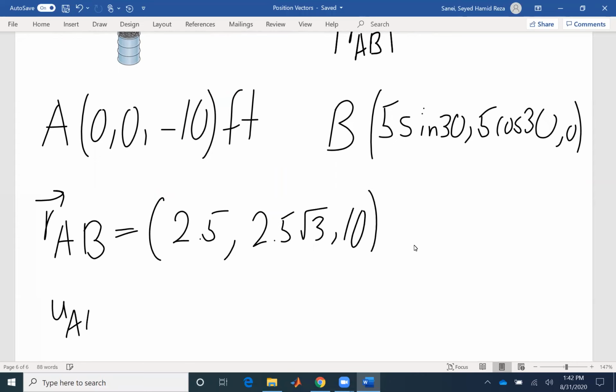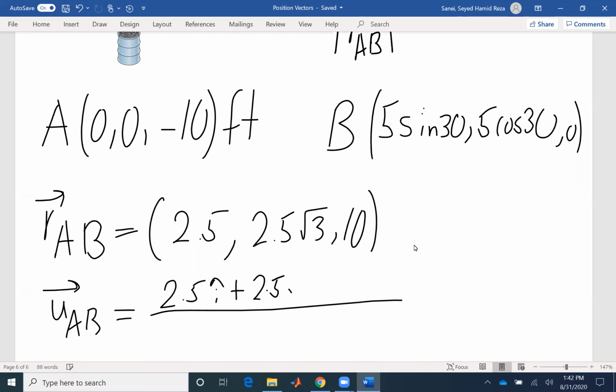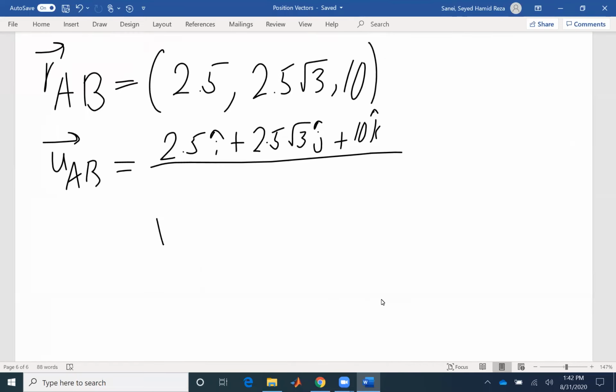But I found the position vector to find the unit vector. So everything here is divided by its magnitude. So 2.5i plus 2.5 square root of 3j plus 10k, divided by the magnitude, each component squared, so 2.5 squared plus 2.5 square root of 3.